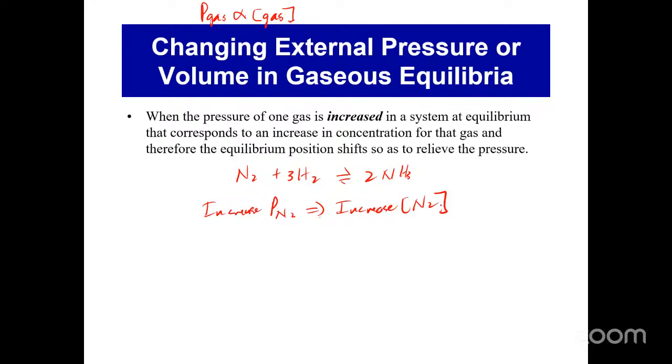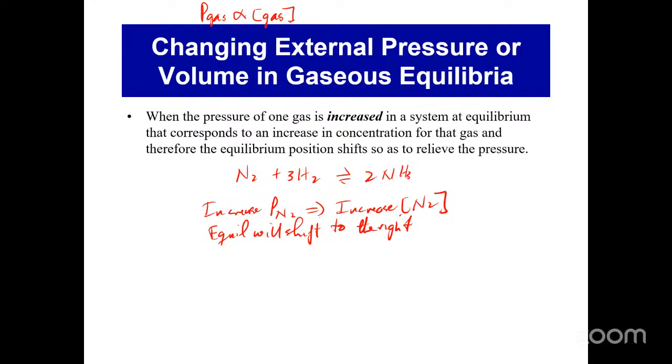Which direction will the equilibrium system shift? To the right, exactly. So therefore, equilibrium will shift to the right. So the concentration of ammonia will increase, and the concentration of the nitrogen and hydrogen will decrease. All right? So that's basically what will happen.